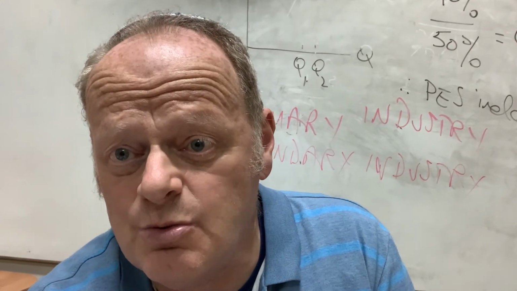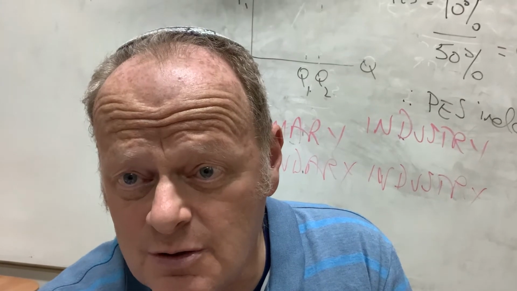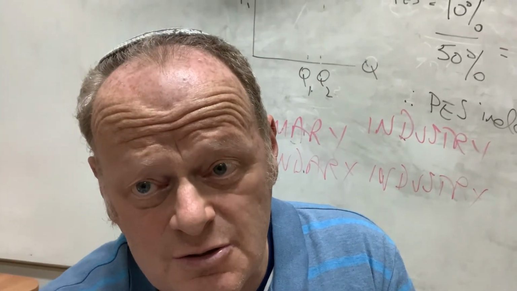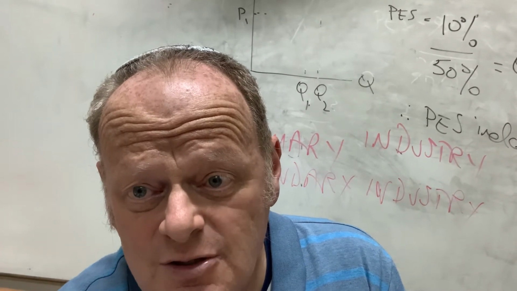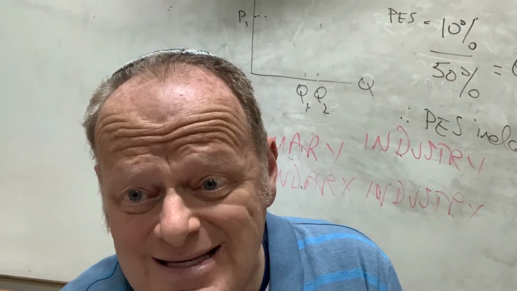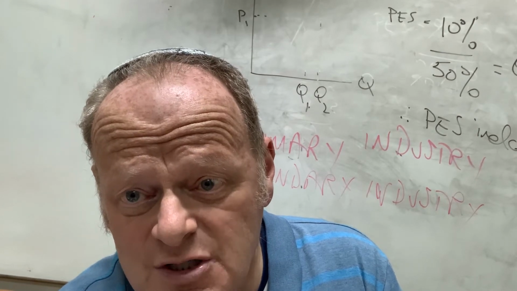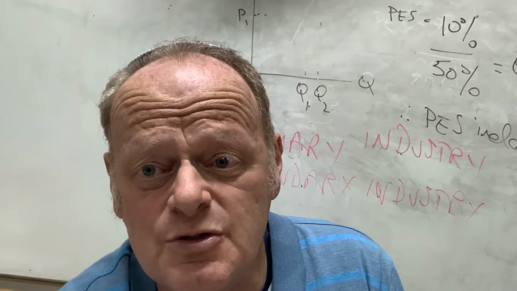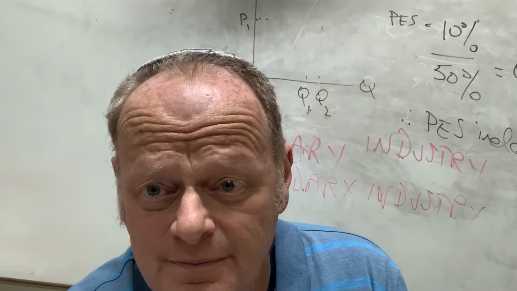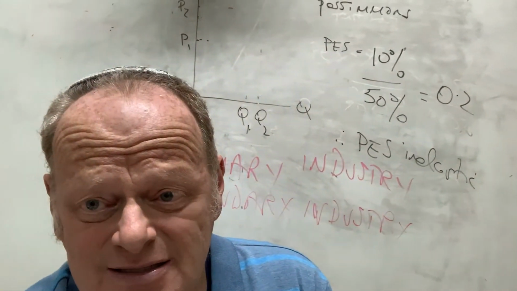One of the reasons why countries that are dependent on such primary goods have got serious problems with development is that what they tend to produce is price inelastic in supply, and therefore it's difficult for them to convert from producing one thing to another. Let's now have a look at something that's price elastic in supply.